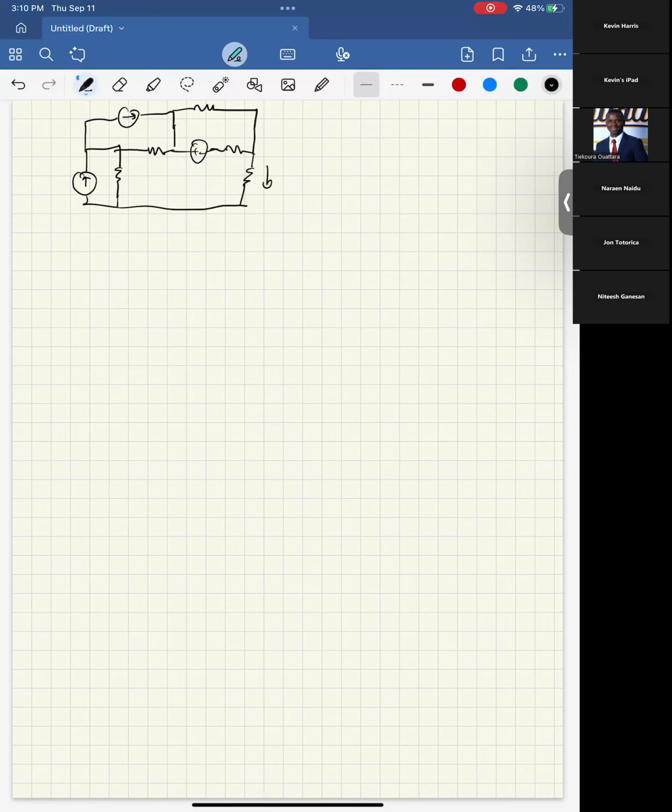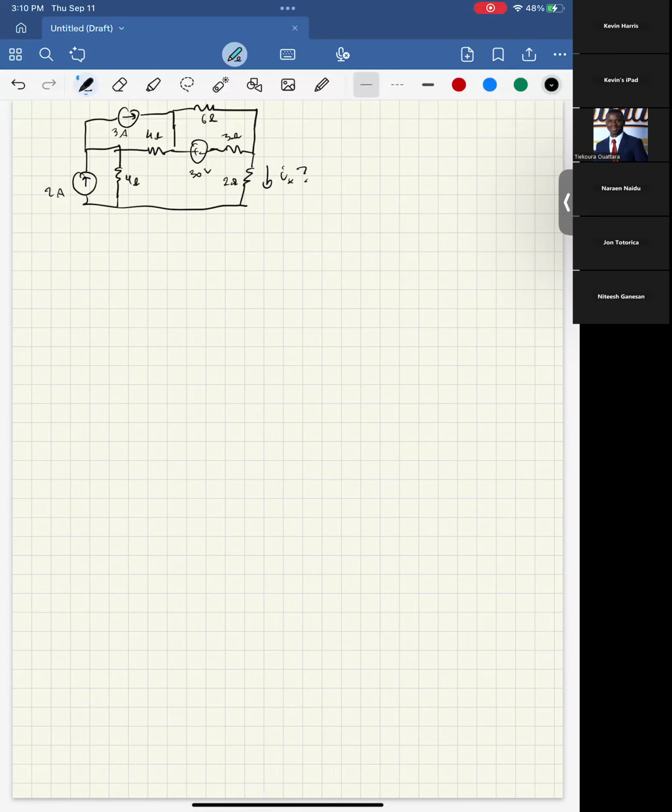So it was asking you, what is this current? And this was 2 ohms, 3 ohms, 6 ohms, 30 volts, 2 amps, 4 ohms, 4 ohms, and 3 amps.